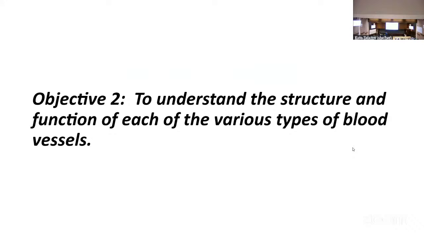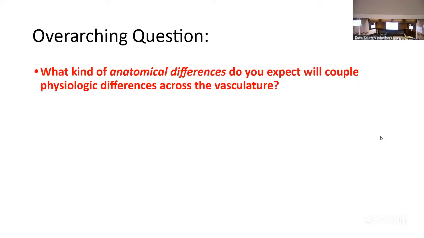Now we're thinking about the structure and function of our different types of blood vessels and how they relate to blood flow. What kind of anatomical differences are going to pair up with these different physical properties of physics and physiological differences, so function, of the different blood vessels?